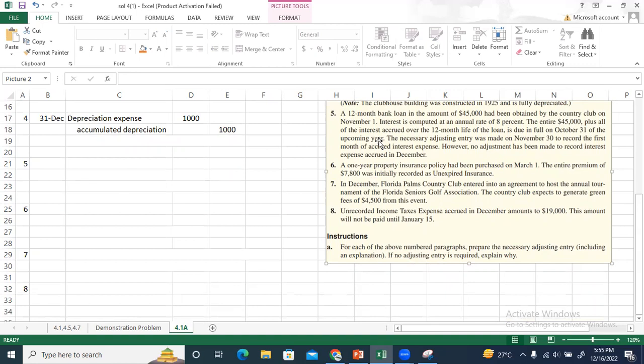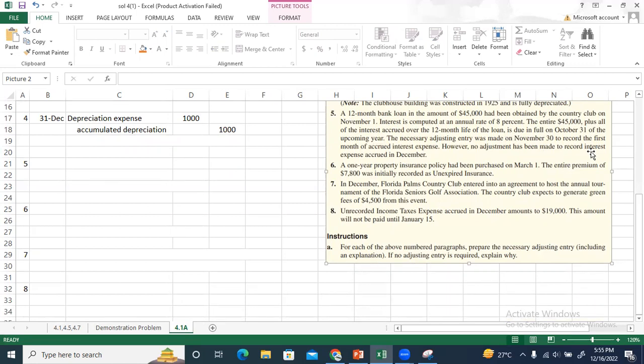The necessary adjusting entry was made on November 30th to record the first month of accrued interest expense. However, no adjustment has been made to record interest expense accrued in December. Now, for loans, you need to understand this, that when you take out a loan, you will have to pay interest on it. And you will have to pay the principal amount back as well.